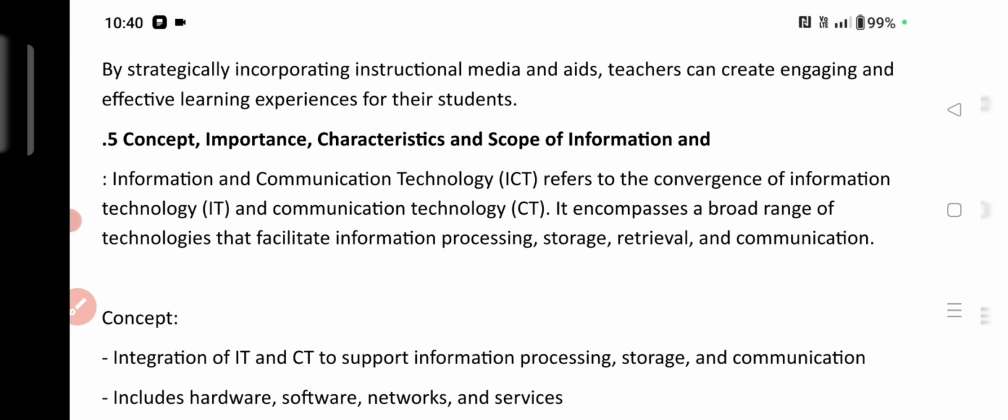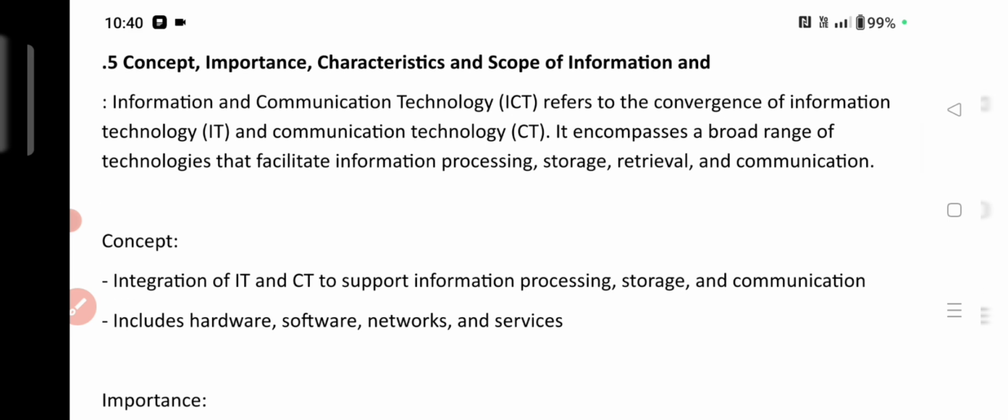So the next one is the concept, meaning, importance, characteristics and scope of information and communication technology. ICT means information and communication technology, which encompasses information technology, IT, and communication technology.